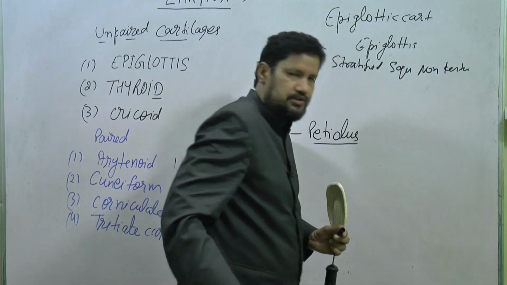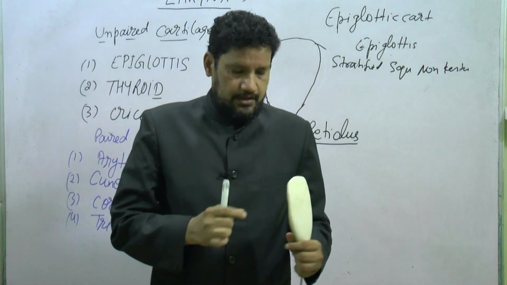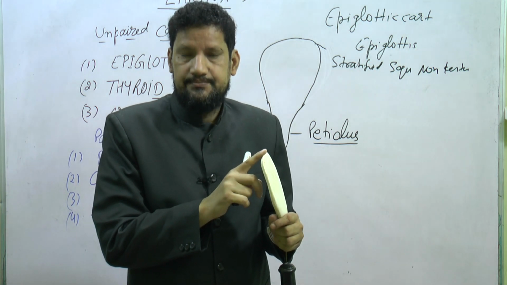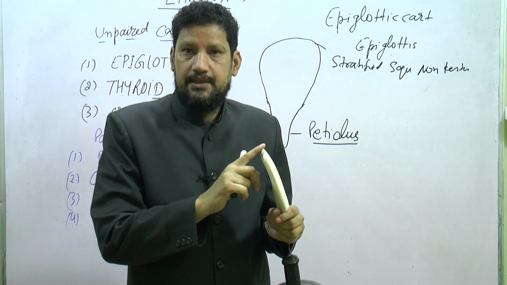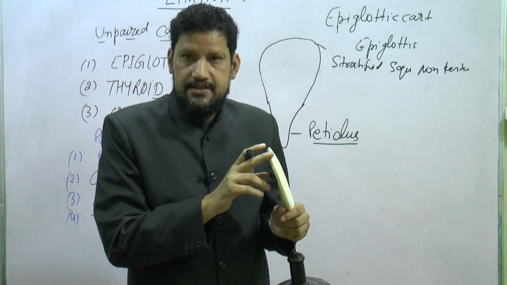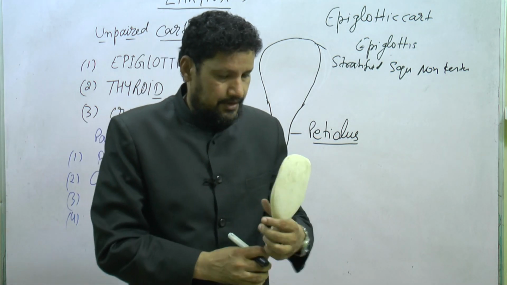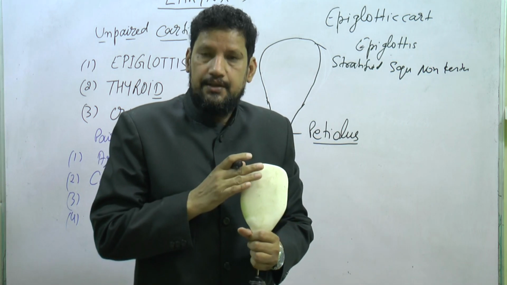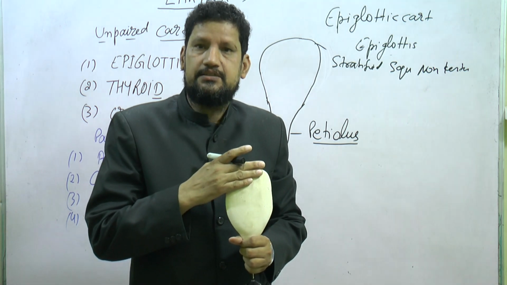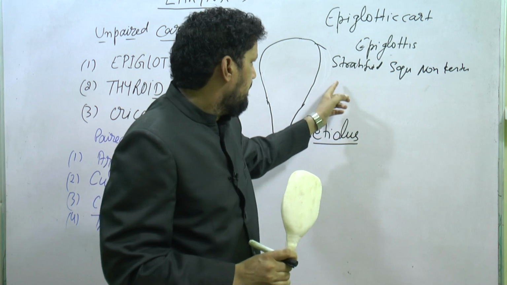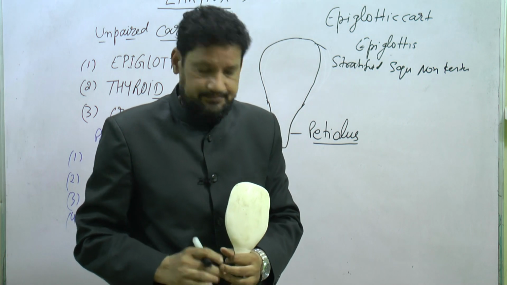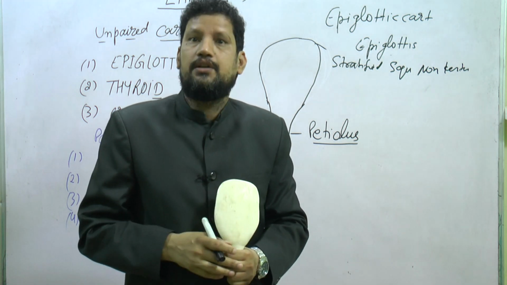This is the same mucosa of the pharynx, and it is forming the upper border of the laryngeal inlet. The anterior surface, the upper part of anterior surface is also covered by stratified squamous, non-keratinized epithelium and the mucosa reflecting on the tongue.